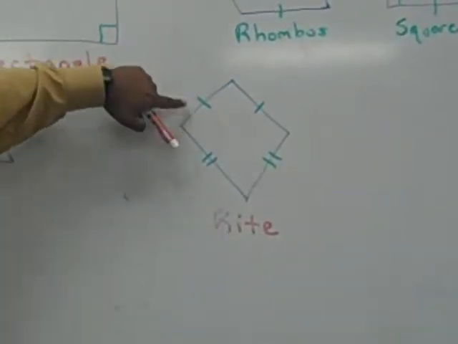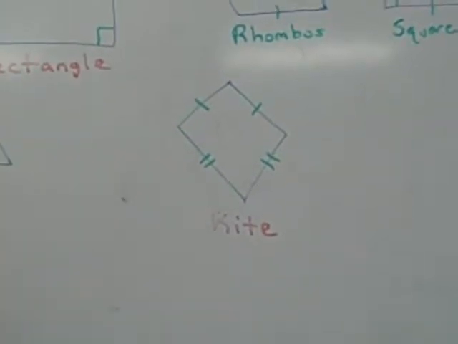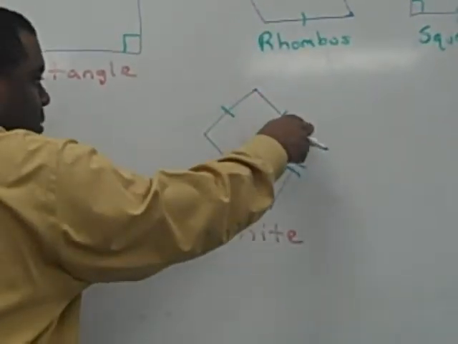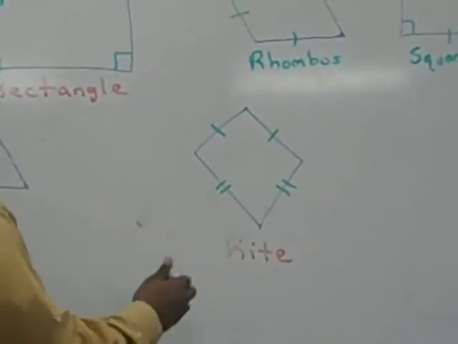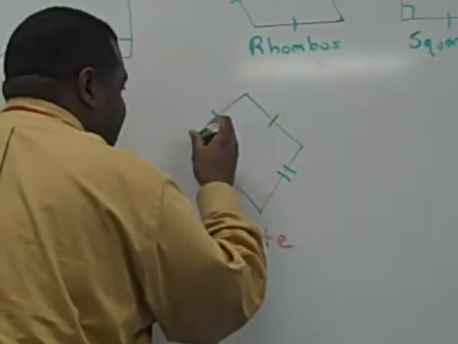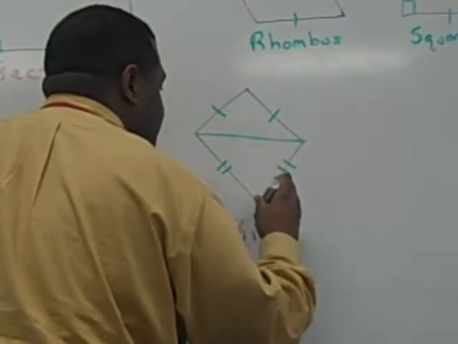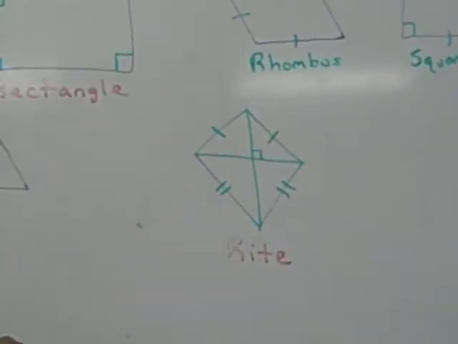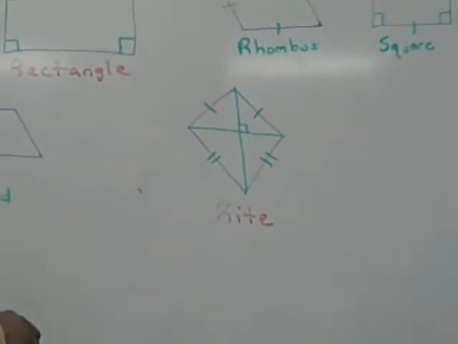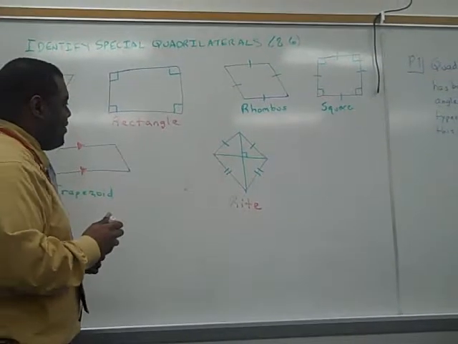But you notice that this side and this side aren't congruent. Another thing to remember with the kite is that the diagonals meet at a 90-degree angle, just like a rhombus, but a kite also does it.